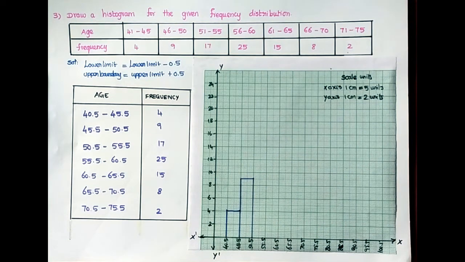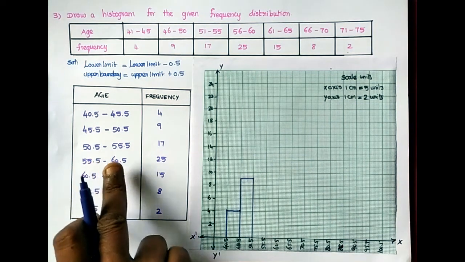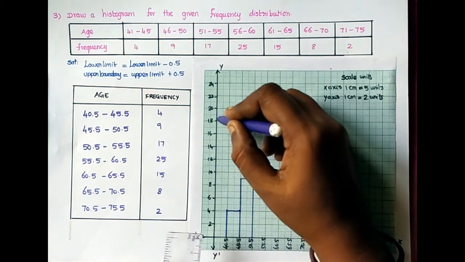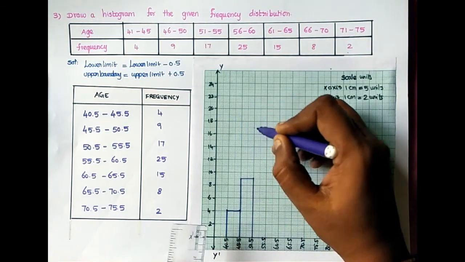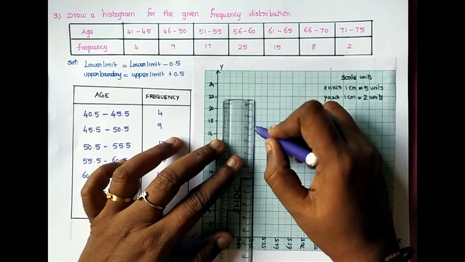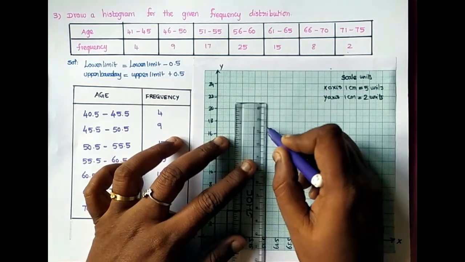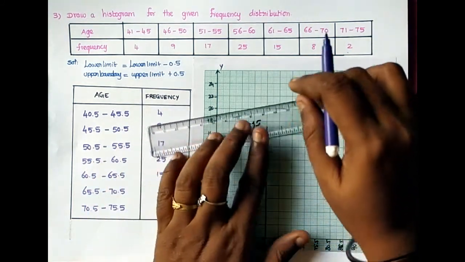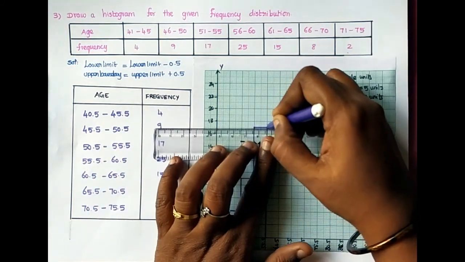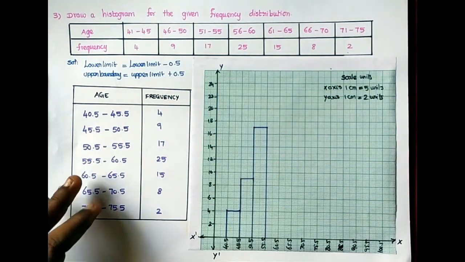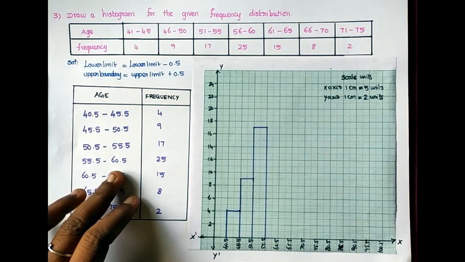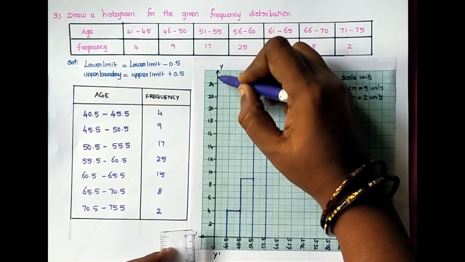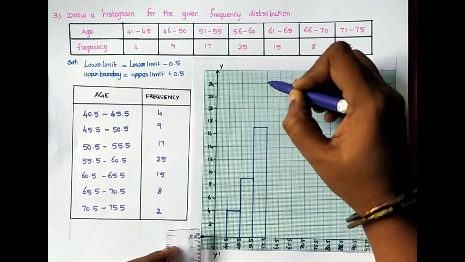Next one 50.5 to 55.5, 17. 16 and 18, in between, that is 17. Next one 55.5 to 60.5, 25. Here 24 and after that 25 here only.